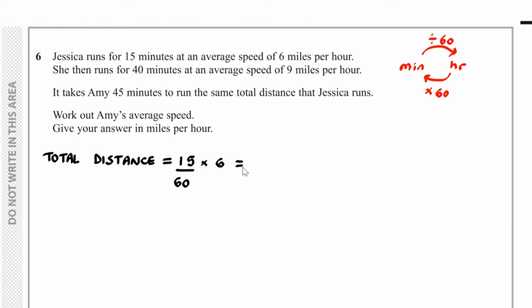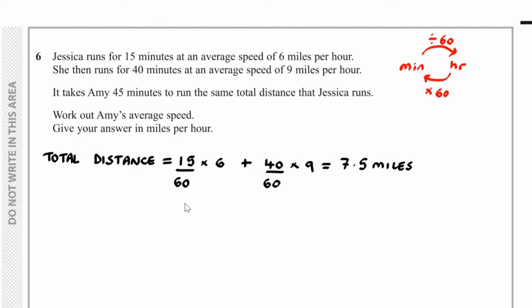And if I work this out, we get a quarter of 6, which is 1.5 miles. And then we've also got the 40 minutes that we divide by 60 and then times by 9. So I've got 1.5 plus 6, which is 7.5 miles.